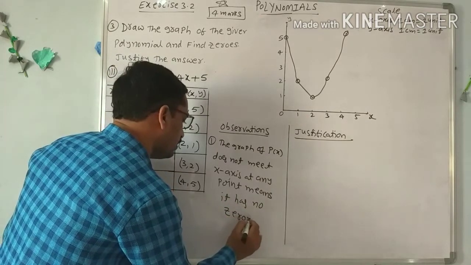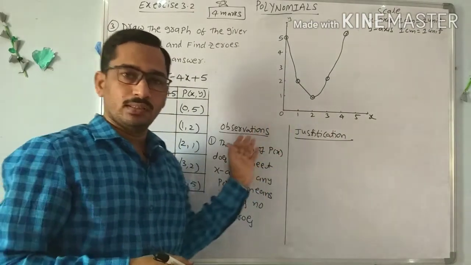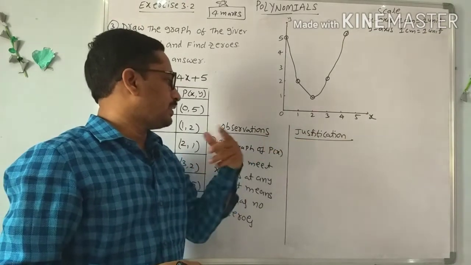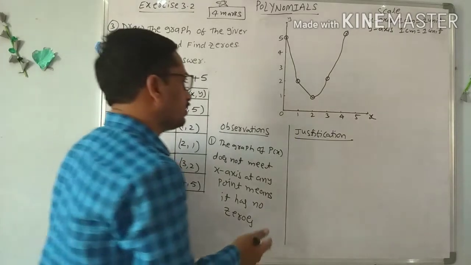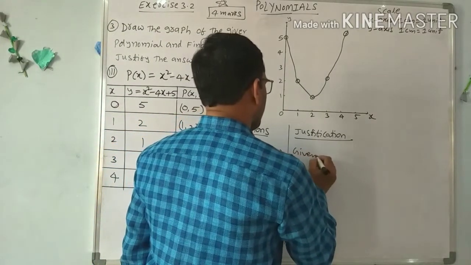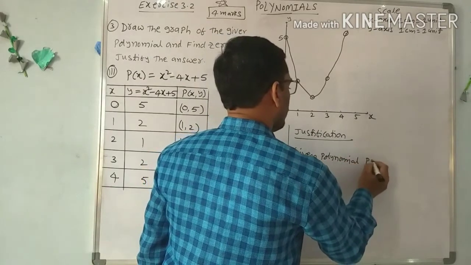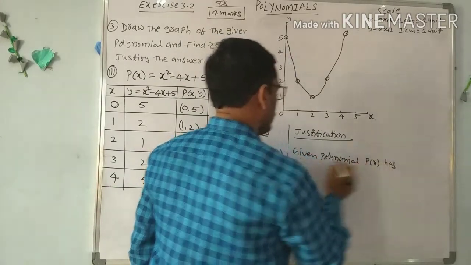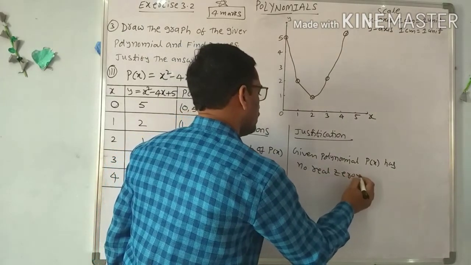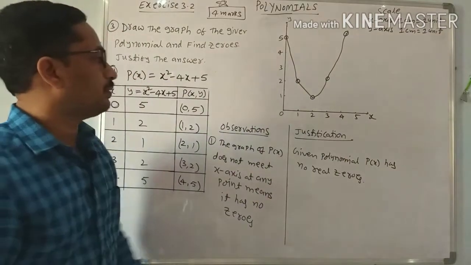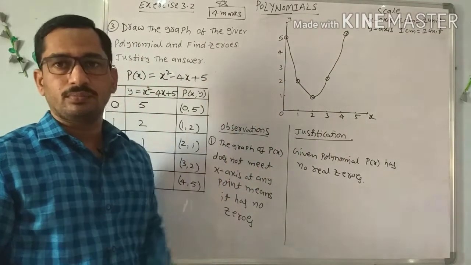It does not intersect the x-axis, means it has no zeros. So this is the observation. And the justification is it has no zeros, so we cannot find out the zeros. So given polynomial p of x has no real zeros. So this is the graph, does not meet x-axis at any point, so it has no real zeros.